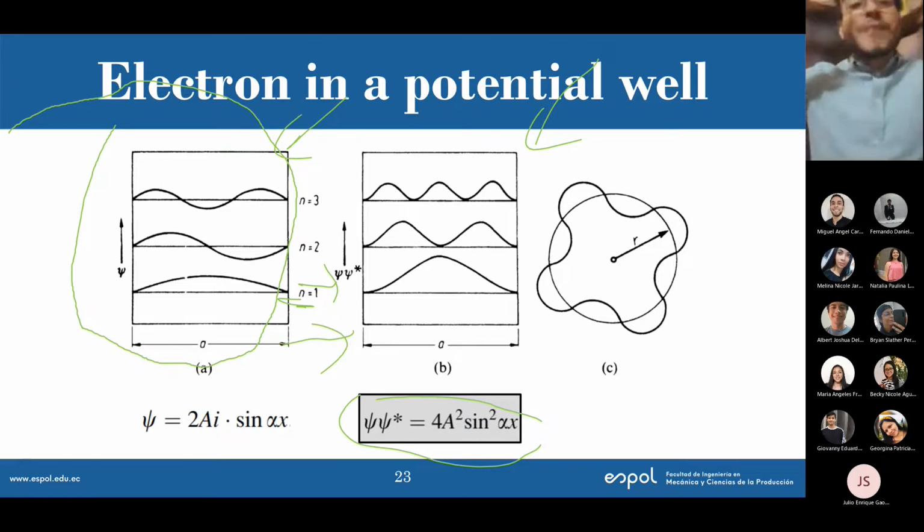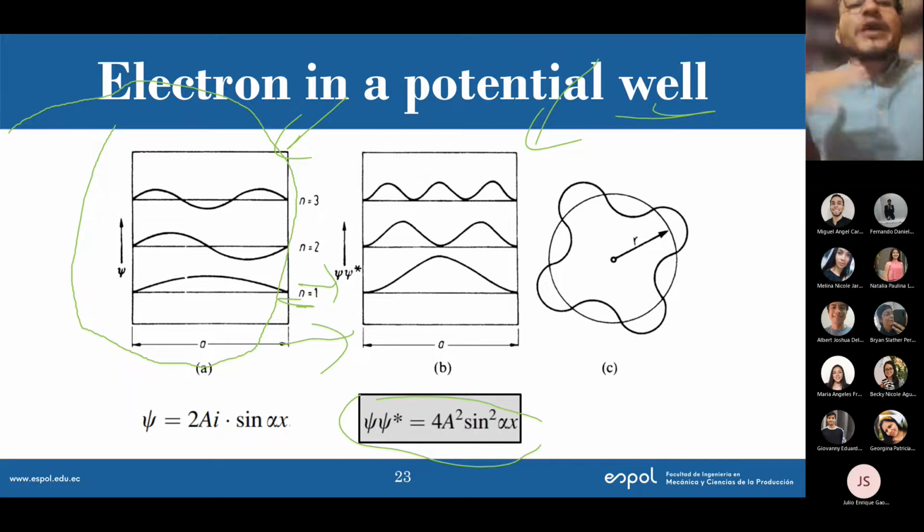That deviation is a key concept in quantum mechanics, and it tells me, in a more accurate way, the probability of finding an electron. In this case, I'm just talking about the potential well, which is a very nice case that describes a lot of things, and we'll see that later.